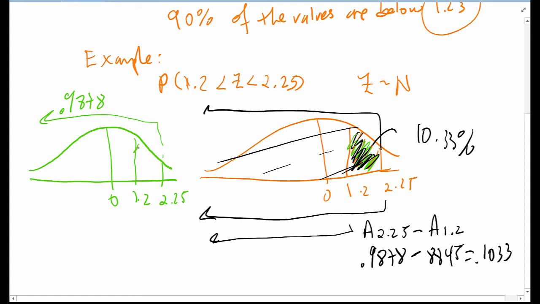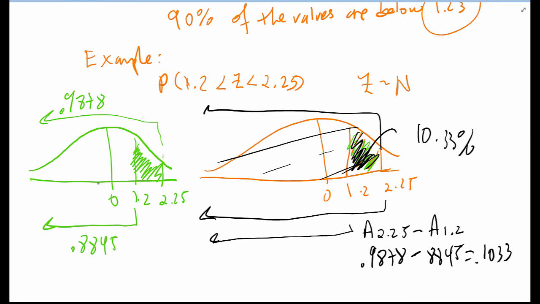But we don't want all that area, we want this area. So we read the positive table to find the percentage of values below 1.2, and that gave us 88.45, or about 88%. The area we're looking for is in between the two, so we subtract the two area values. This shows that sometimes we don't get the direct reading from the table.